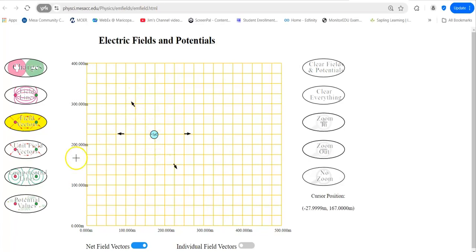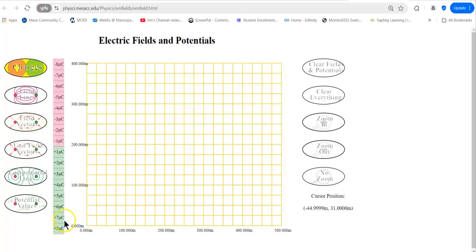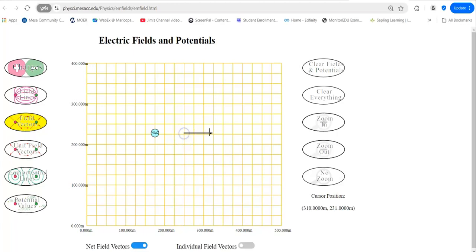But if I refresh this now, and I get a positive 8, so this should be 8 times bigger, and I get that electric field vector, and I'm doing 3 units away. Notice that that is a lot bigger. In fact, it's 8 times bigger than the positive 1 microcoulomb charge. And again, it's pointing away in all directions.